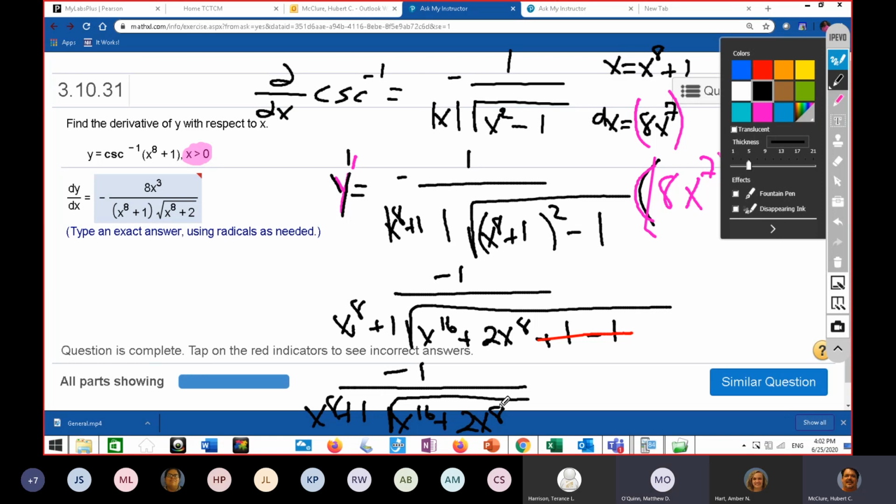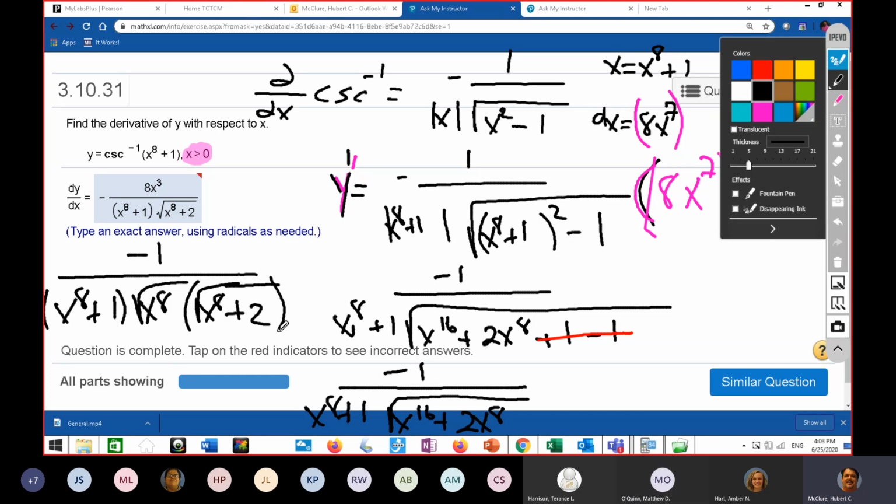Okay? So I'm going to factor out the square root of x to the 8th down here. And that's going to give me -1 over x to the 8th plus 1. And I'm going to do it for you. Square root of x to the 8th times the square root of x to the 8th plus 2, right?